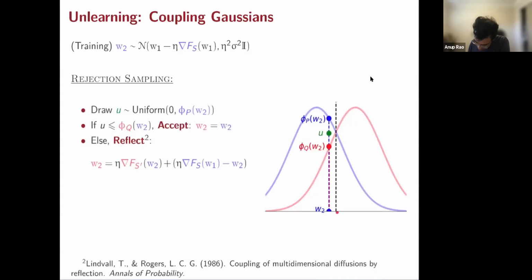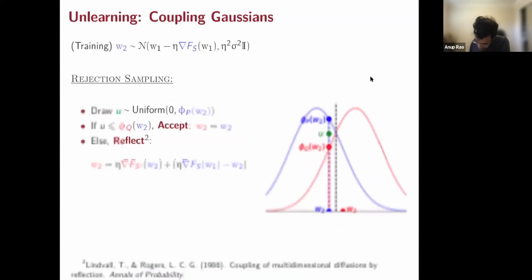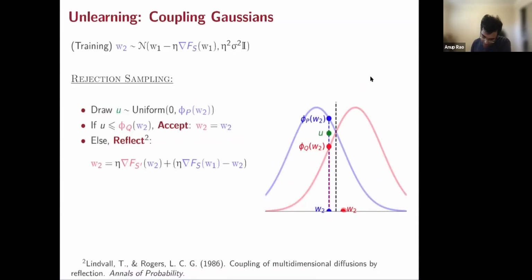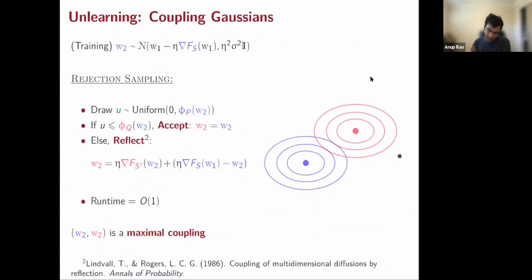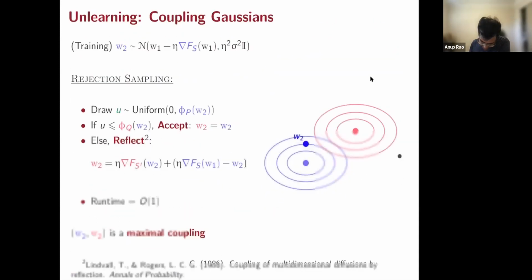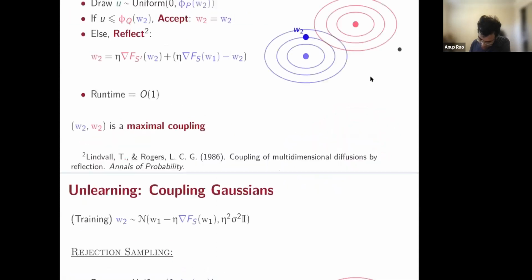So we take the midpoint of the means of these two distributions, and we reflect W_2. We can show that this constructs a maximal coupling between the two normal distributions. The good thing about this is the runtime is order 1, and we don't have to repeatedly resample from the distribution Q.